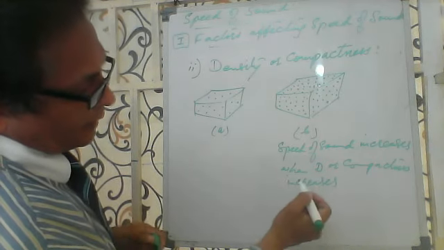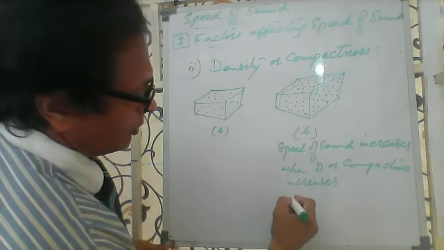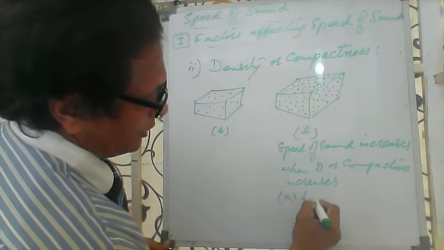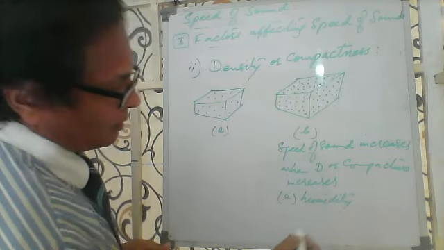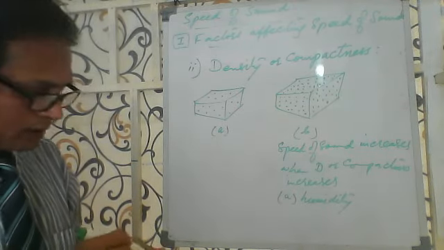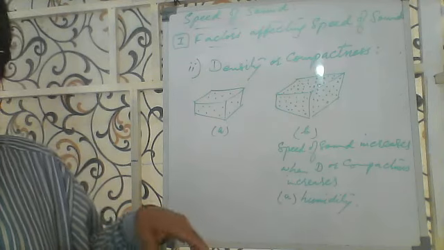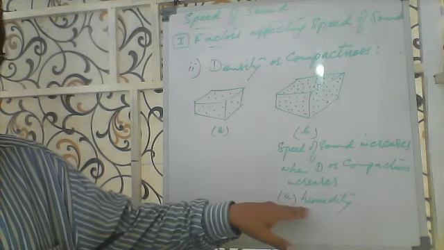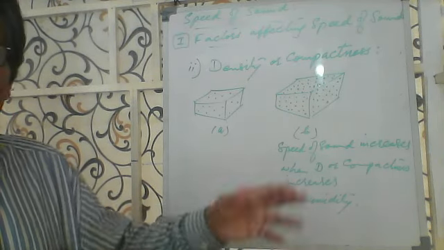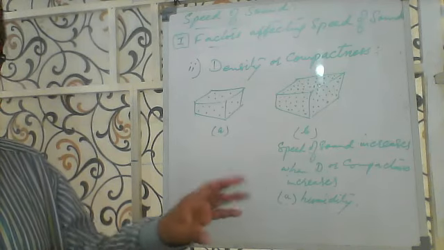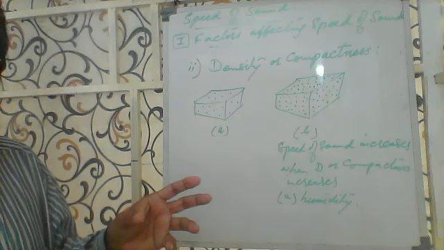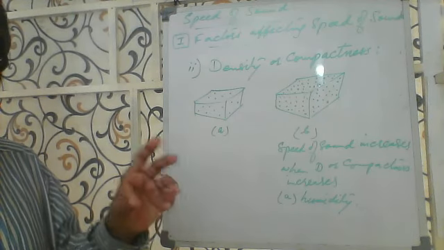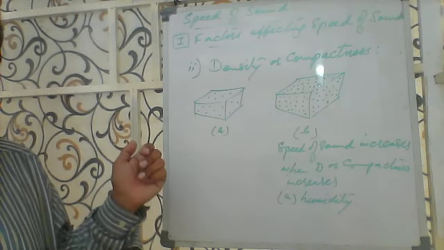This can be applied on number 1, humidity. Okay, what's humidity? Humidity means in air the moisture is increased. When the moisture increases in air, then the density of moist air is greater as compared to the dry air.